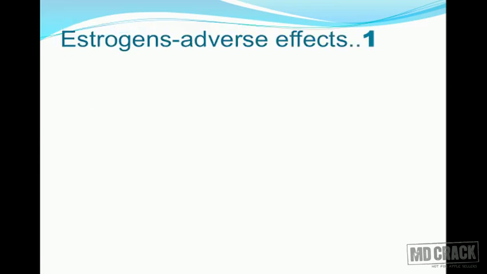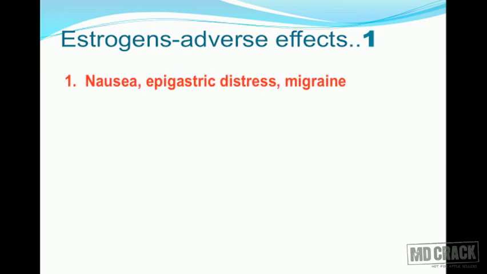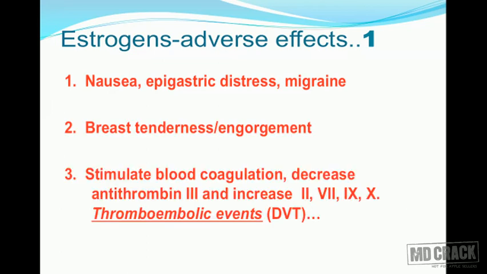Now we come to the adverse effects of estrogens. First adverse effect, nausea, epigastric distress and migraine. This is very common. Next, breast tenderness and engorgement. And the third one, very important, you have heard the actions, they stimulate the blood coagulation.